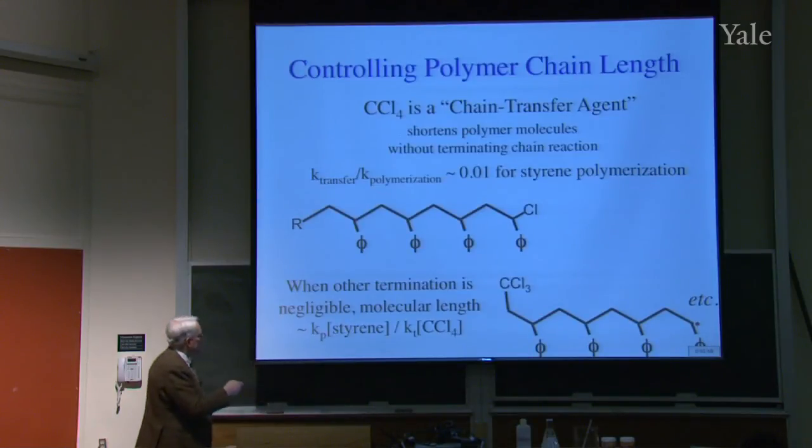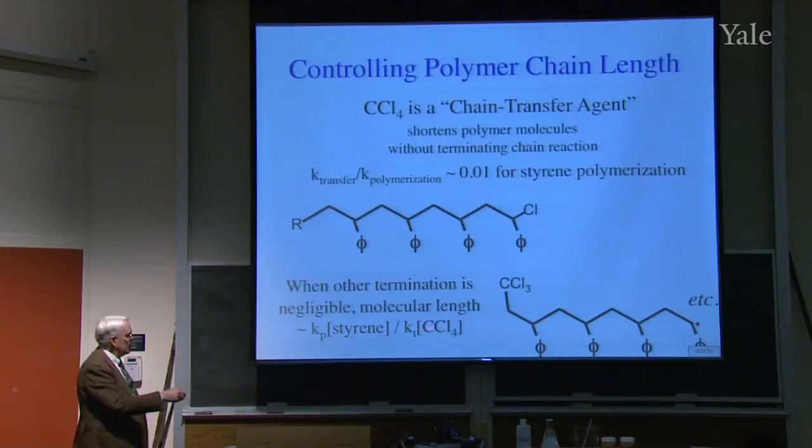But that depends on the concentration of styrene and the concentration of carbon tetrachloride. So if you know these two, you can work out that the transfer reaction is only 1% as fast.